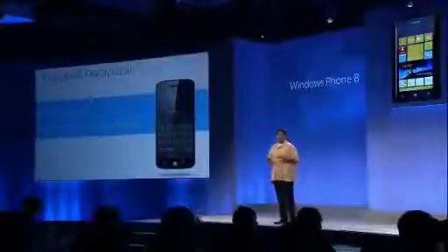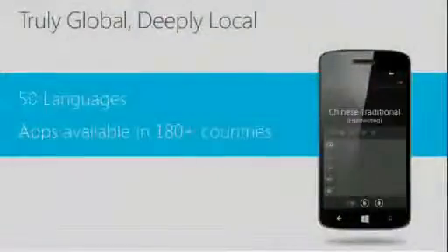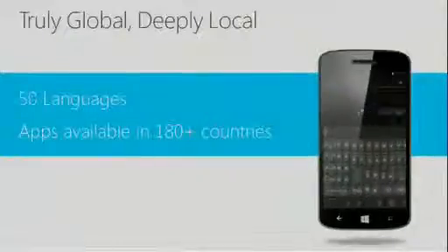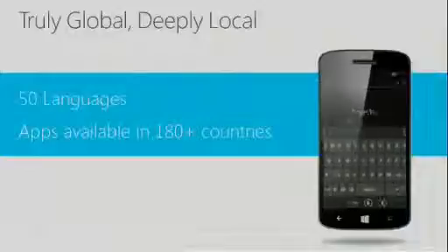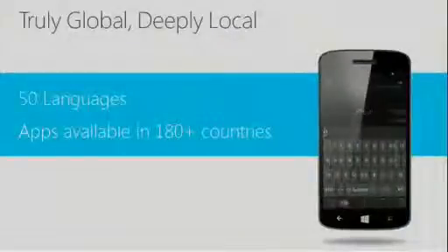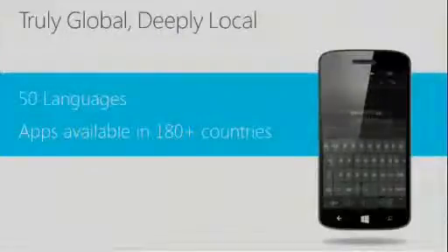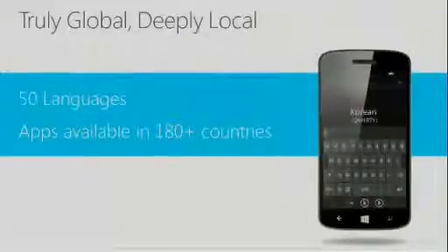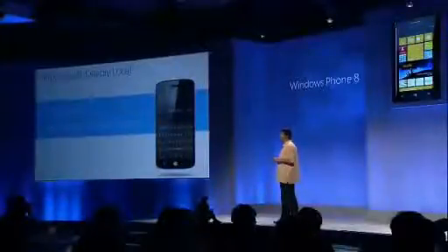And these devices will be available all over the world. Windows Phone 8 is a truly global platform. Be available in 50 languages with an application marketplace that supports downloads in over 180 countries. For those of you keeping count, that is 25 more countries than Apple announced last week.